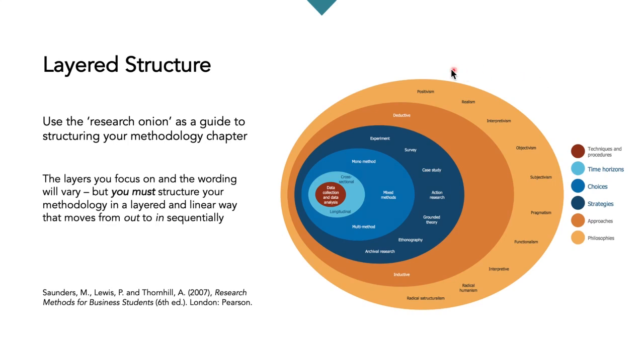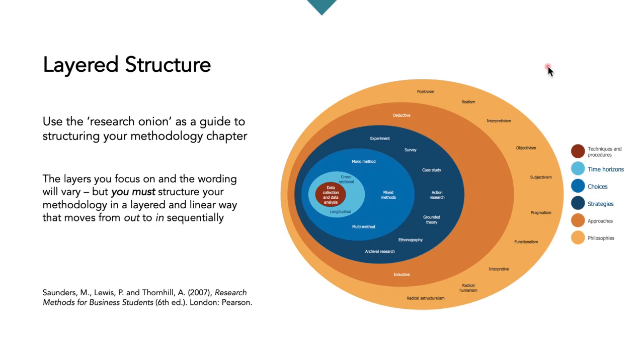Being a research onion, it's got these layers here that move from out to in. And that's the idea of this chapter. What you have to do from beginning to end is move from out to in, or from broad to narrow. And it has to be in a layered, linear way that moves out to in sequentially, in order of the decisions. The reason this is important is because each of these layers has a direct impact on the next one. The decision you make in this layer here impacts on this layer, and so on and so forth.